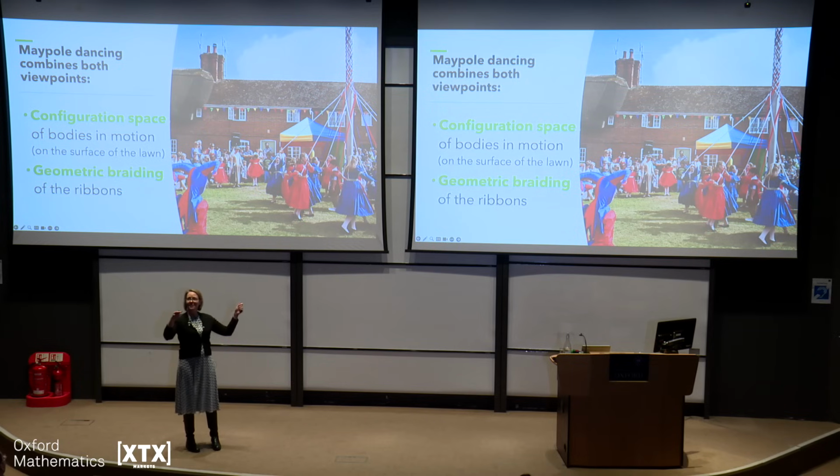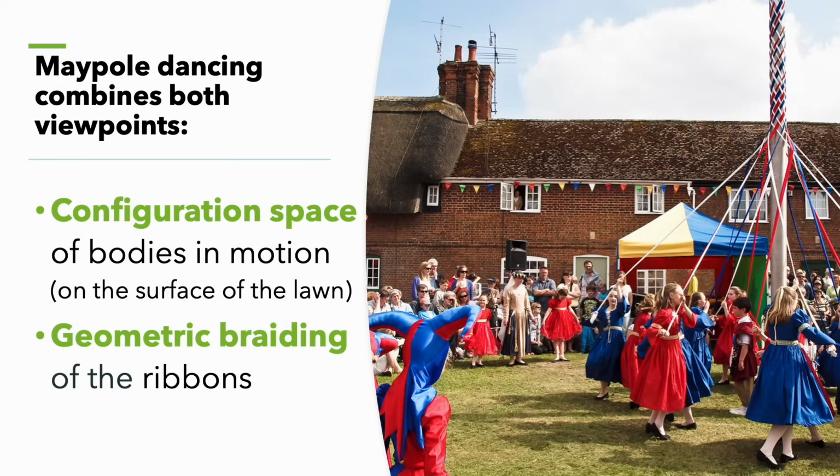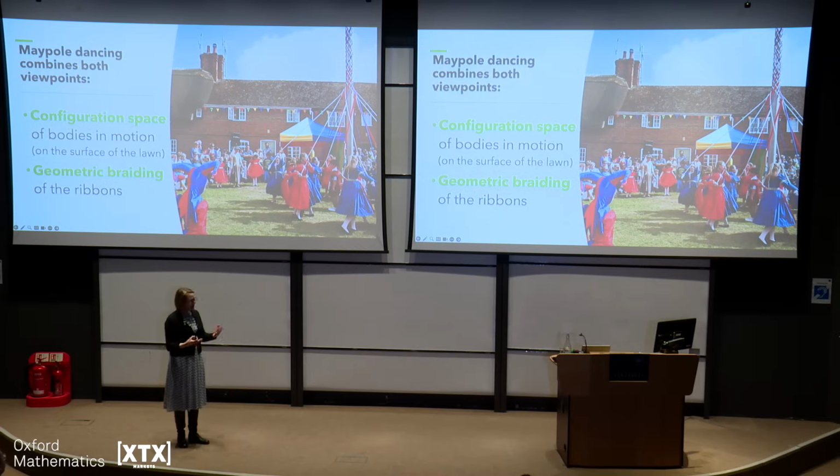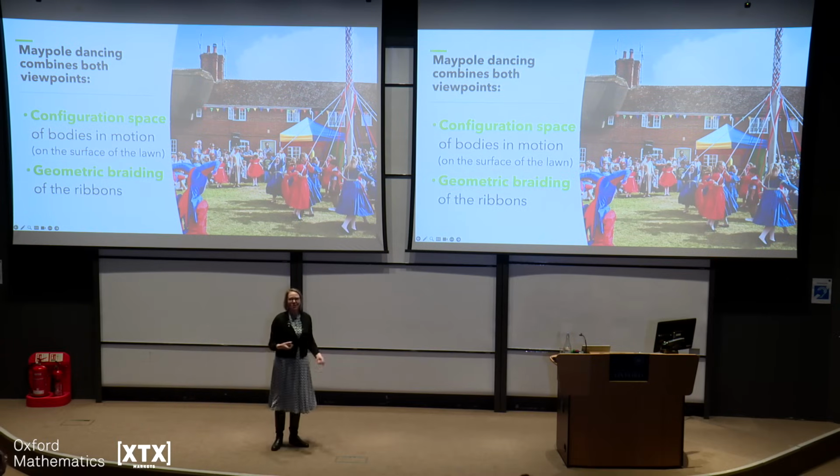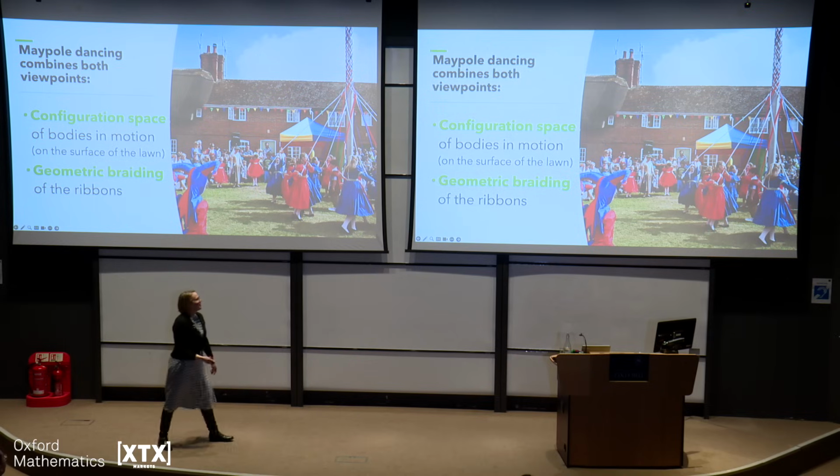The strands of the ribbons are encoding the motion of the dancers in a very concrete way. So maypole dancing is exactly telling us about this different perspective on braids, but also on polynomials, okay? So imagine each dancer is a root of a polynomial, right? Okay. I'm sure that's what they're thinking about.